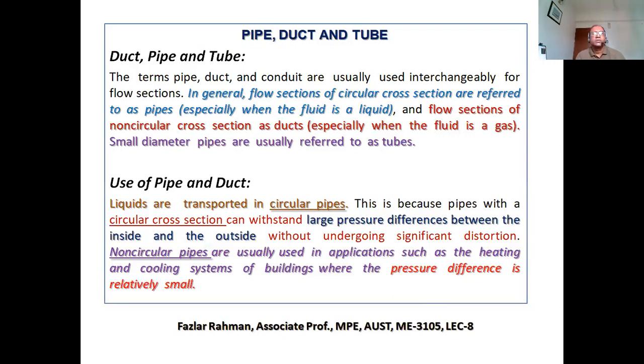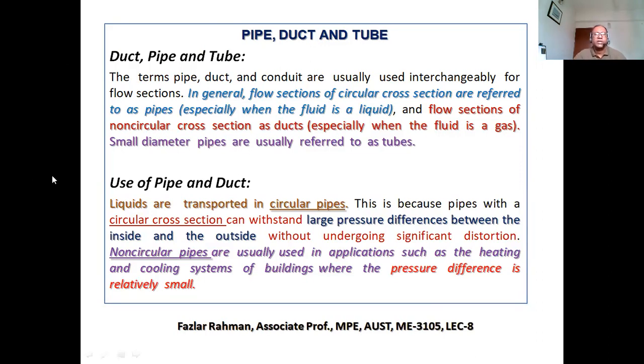Both terms actually mean the same. They carry the fluid. The only difference is in cross section. So normally, in general, you have a circular cross section that carries fluid, liquid, and gases, high pressure gases.